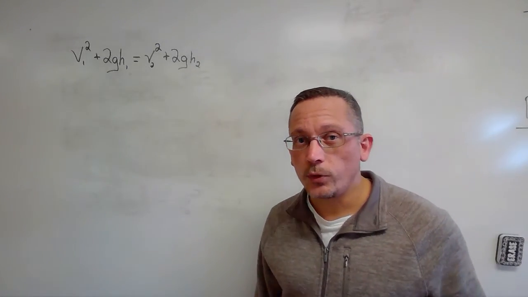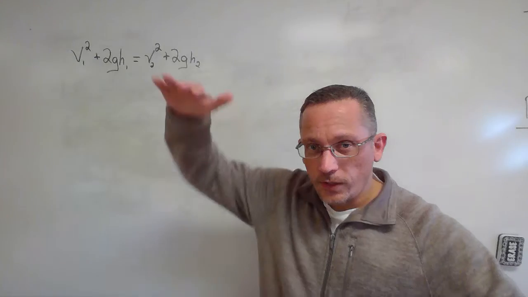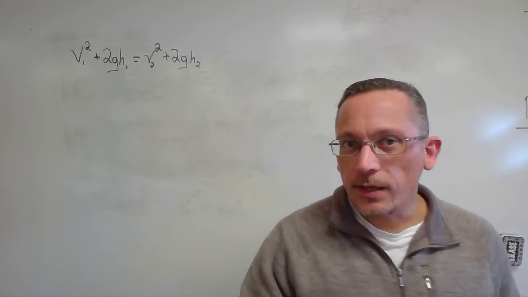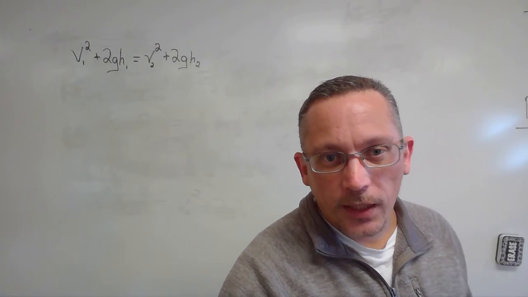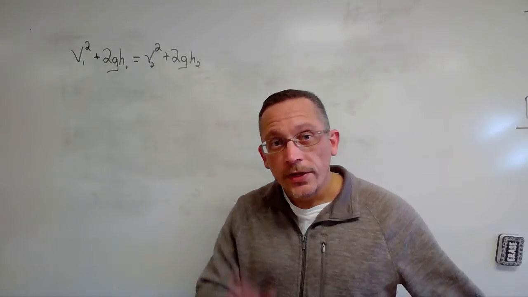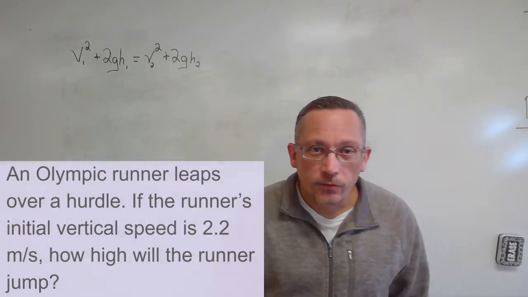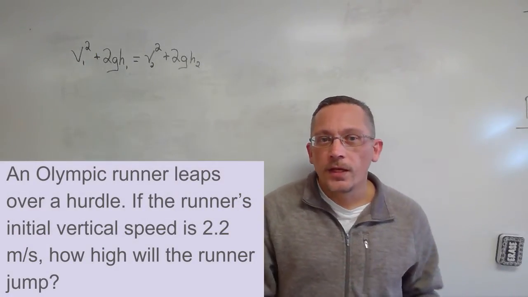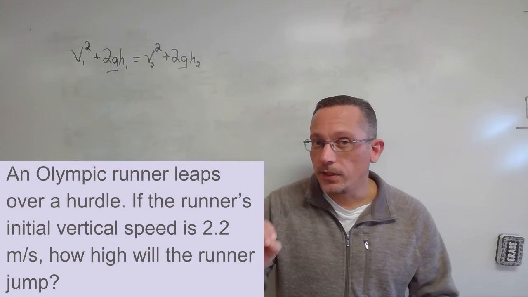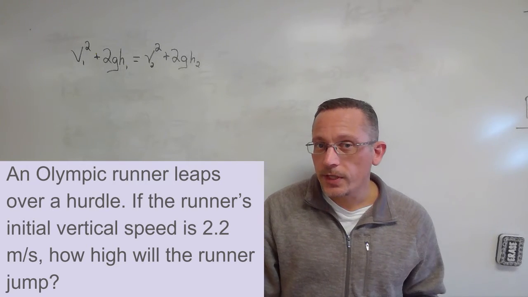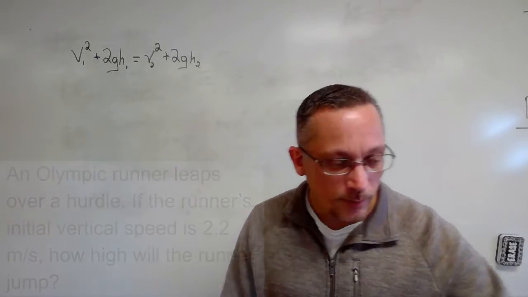That last example was an example of an object falling. This next example is an object moving in a more upward direction. It says, an Olympic runner leaps over a hurdle. If the runner's initial vertical speed is 2.2 meters per second, how high will the runner jump?